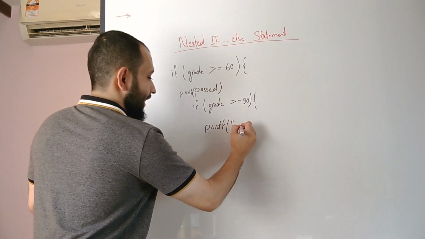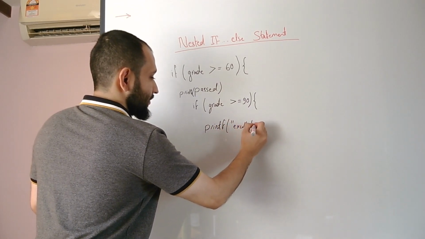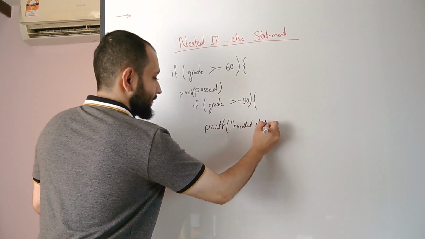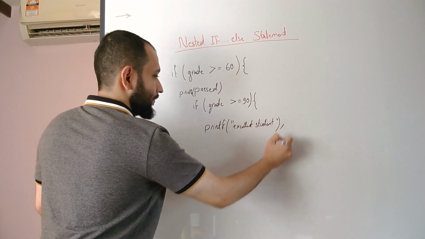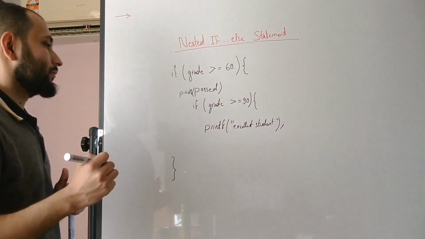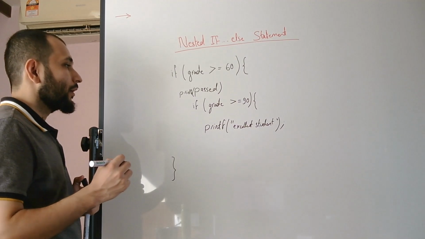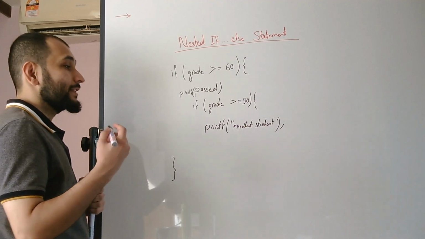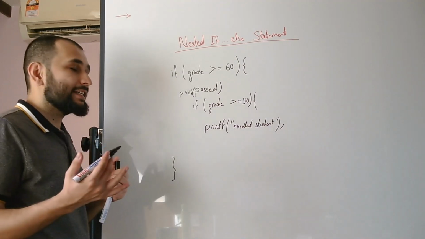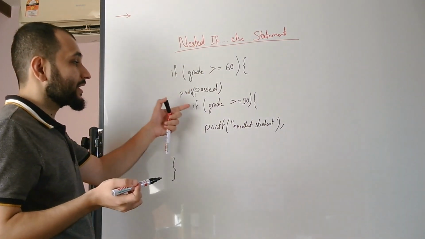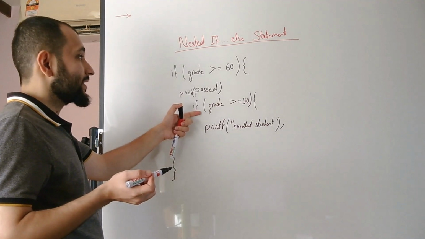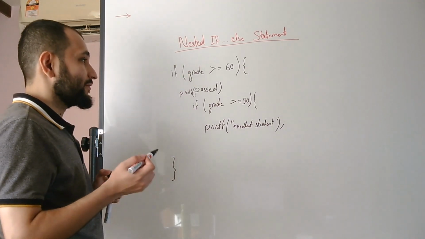So we can say "excellent student". So this is how we created the nested if-else statement. You can see that this if statement exists within this other if statement.